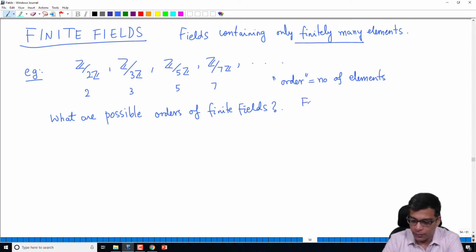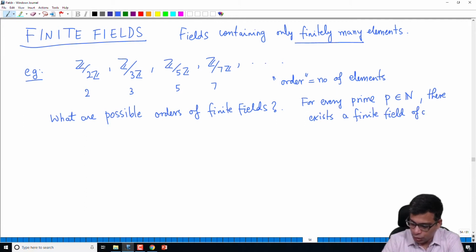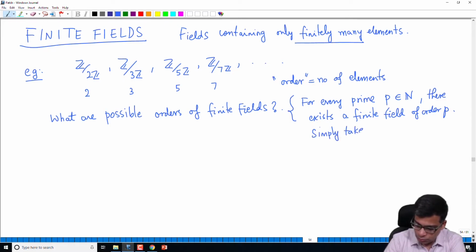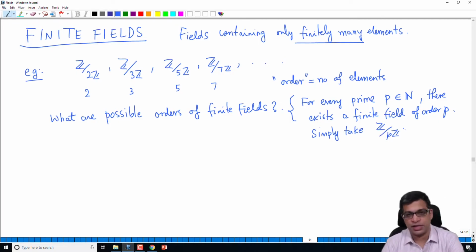So clearly, for every prime P, remember, when I say prime in this context, it's a prime integer, there exists a finite field, of course, of order P. So simply take Z mod PZ, and we will prove as part of the structure theorem that this is the only such field up to isomorphism.